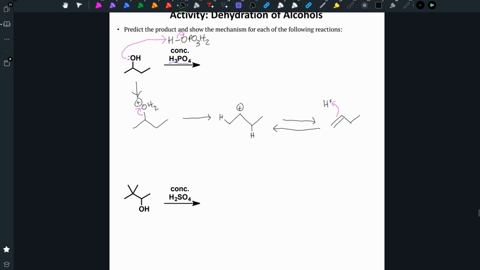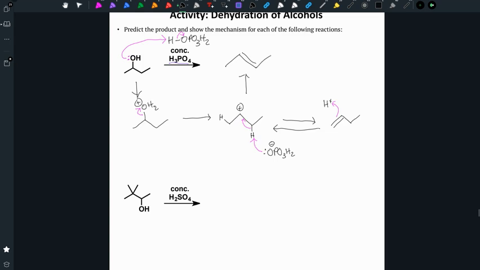And in the end, I'm more likely to remove the hydrogen from the more substituted carbon and make my more substituted product.